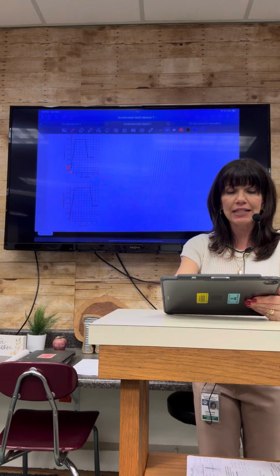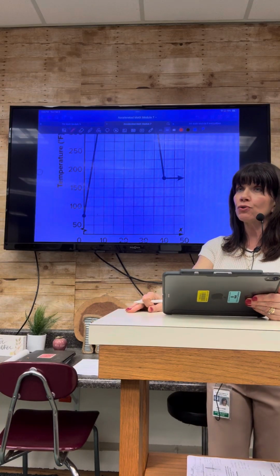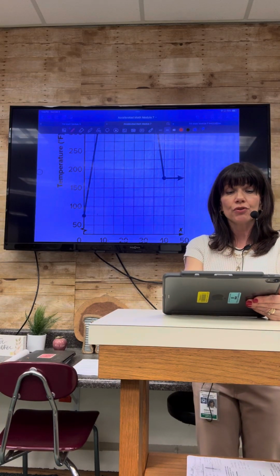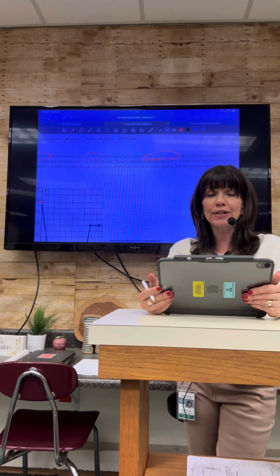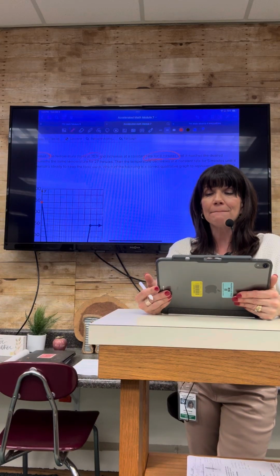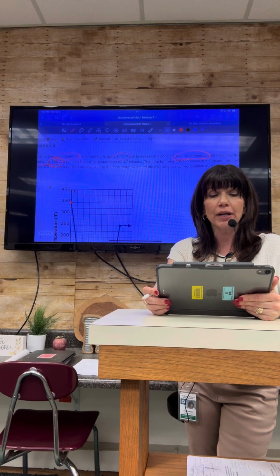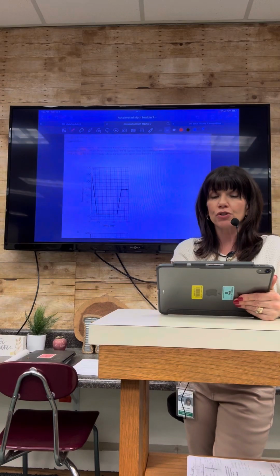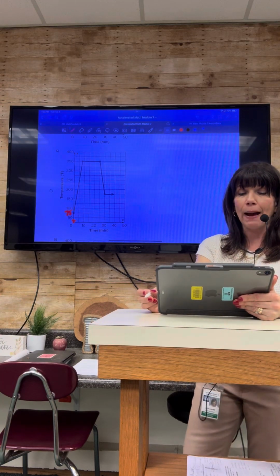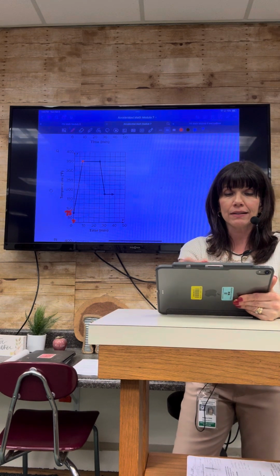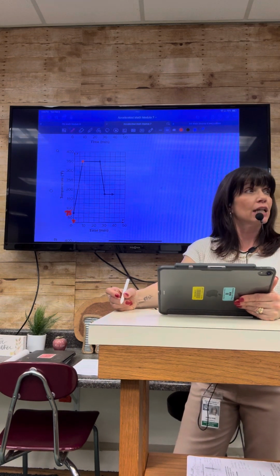Let's check graph D. Does graph D also start at 75? Yes. So we have how many options to pick from? 2. So let's read the rest of the clues. Increases at a constant rate for 8 minutes until it reaches the desired temperature 350. So let's look at C. Does it increase at a rapid rate for about 8 minutes and reach 350?